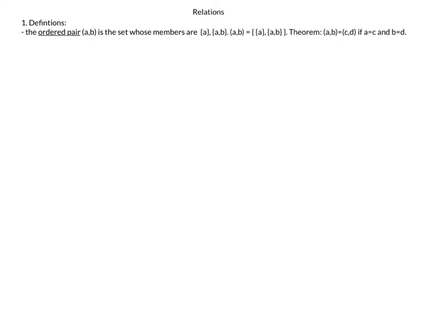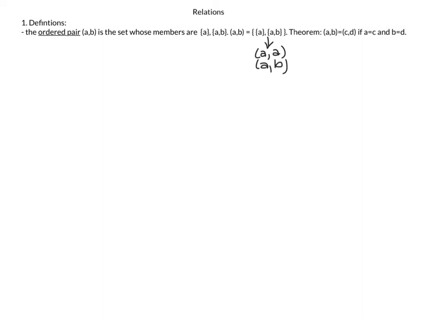In other words, the second element can be the same as the first element, or it could be a different element. So another way of expressing that is that the ordered pair (a, b) is equal to {{a}, {a, b}}.